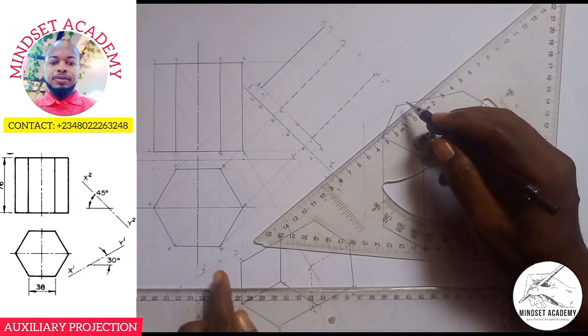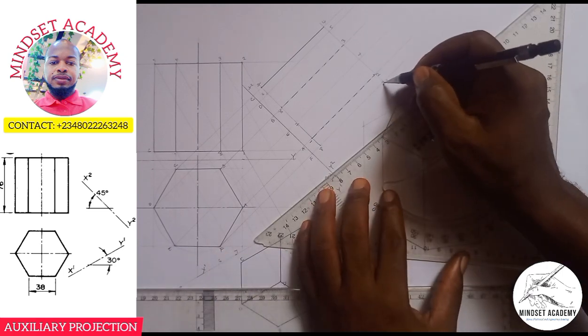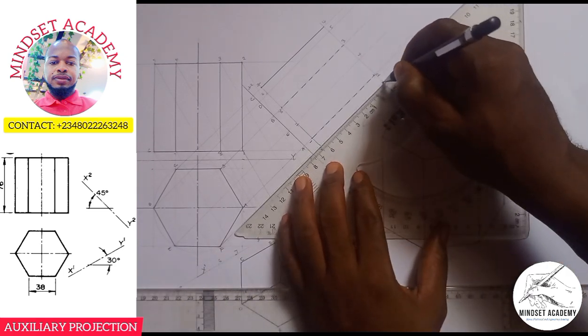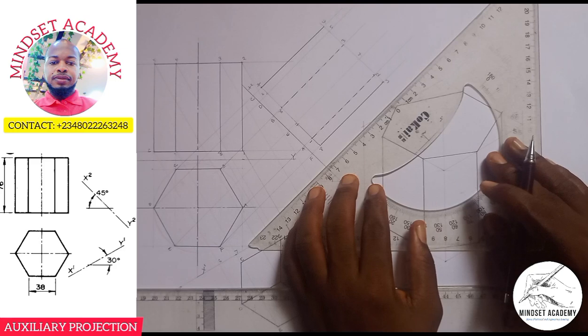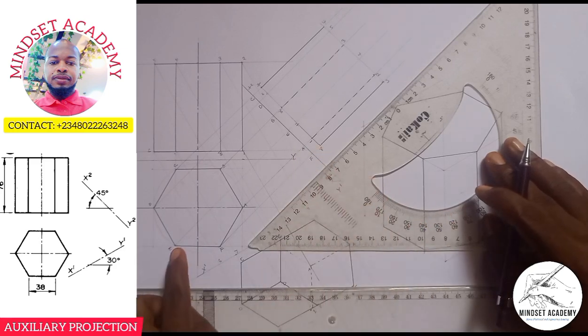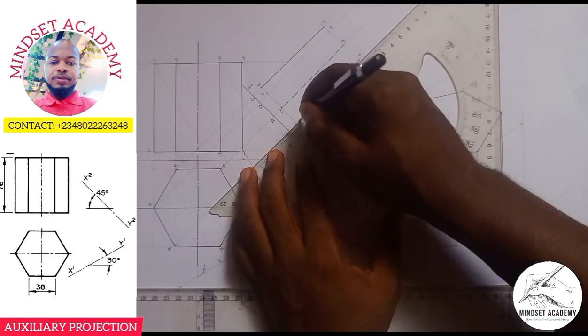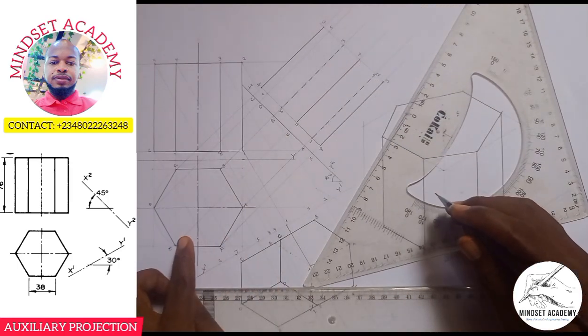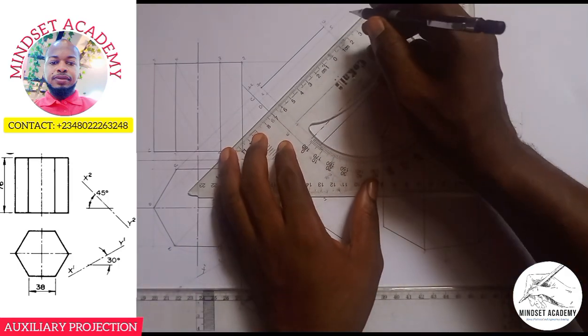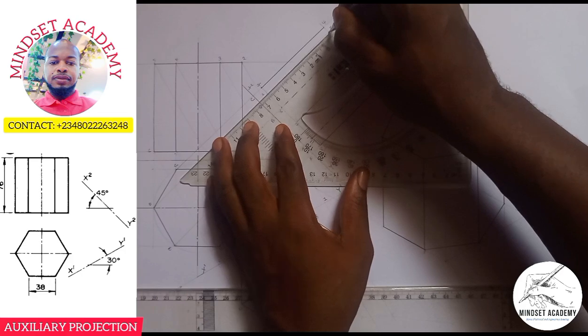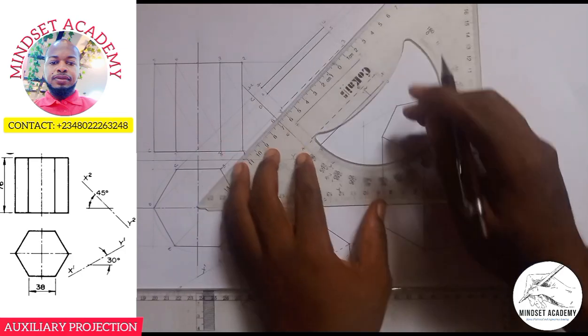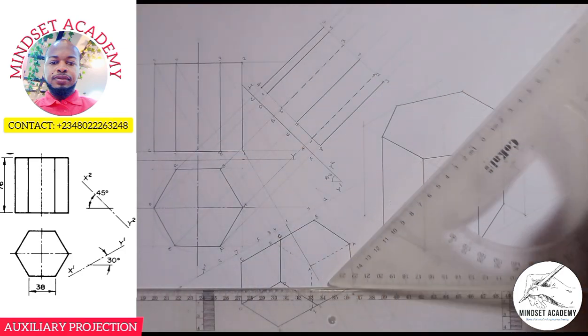Then F, I'll see F partly too. Then E is thickened also, because I can see it looking from here. Then D also is seen. This is what we have.